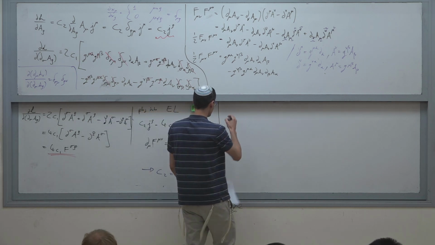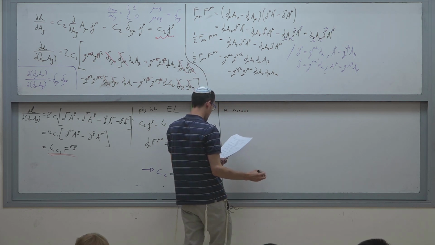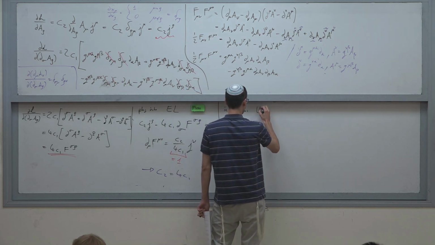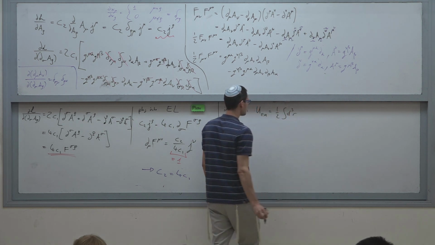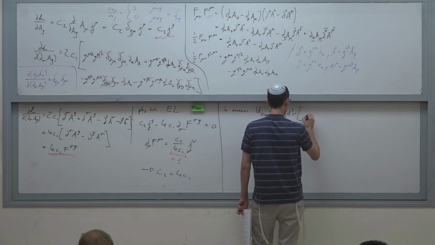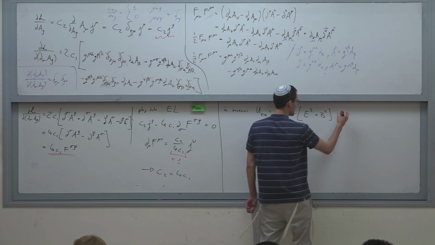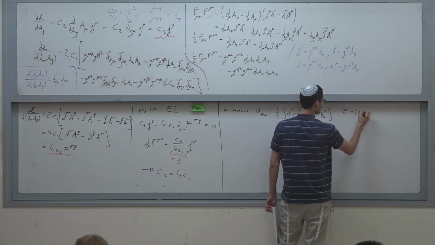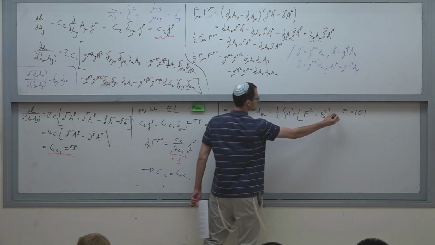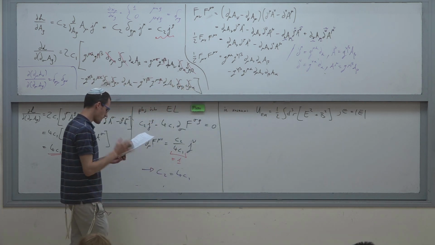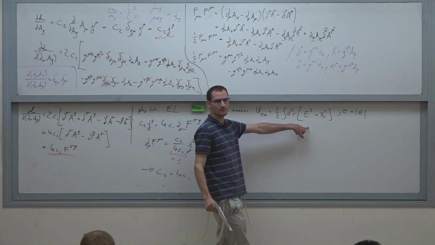We know that in vacuum, the energy of the electromagnetic field is equal to 1/2 integral d3r of E squared plus B squared, where I'm writing E for the absolute value of the vector E, and the same for B.